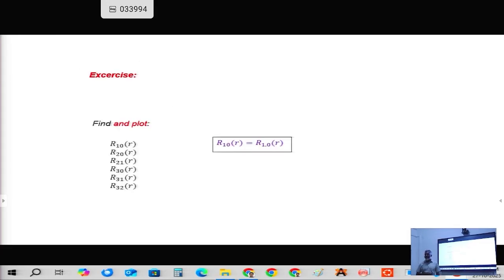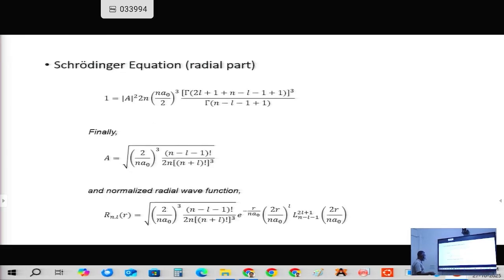As an exercise, most of you might have laptops with you, so you can plot this. You can find out R10. So how do you do that? You have n and l. R10 is the first orbital, n equal to 1, l equal to 0, that is the S orbital. So substitute that, and then the Legendre polynomial.